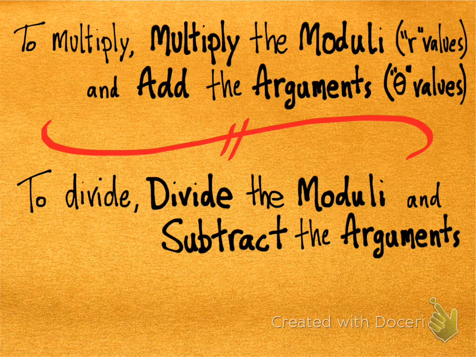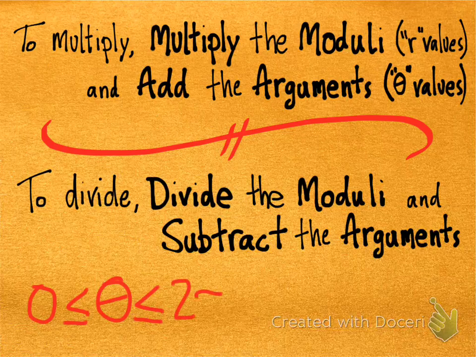Now the only other possible wrinkle in this otherwise very smooth process would be that you may, after doing this, end up with a number for theta that is greater than 2 pi, or greater than 360, or maybe even less than 0. If that's the case, you should strive, by whatever means is required, to keep your theta value between 0 and 2 pi.